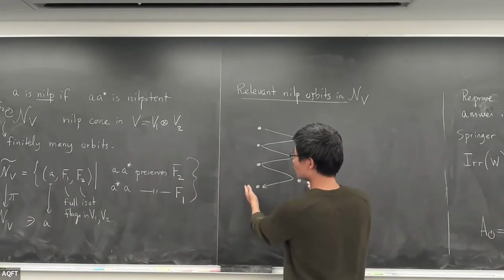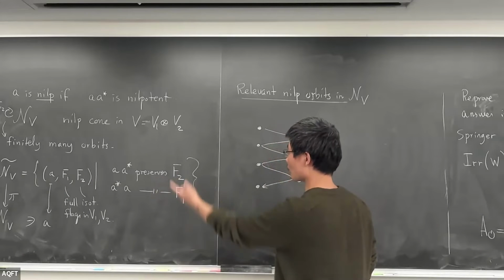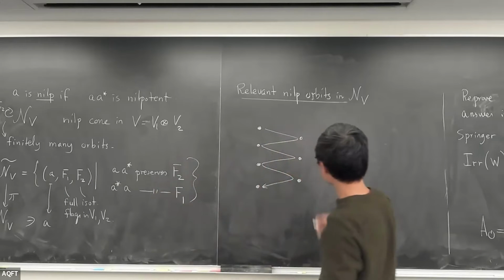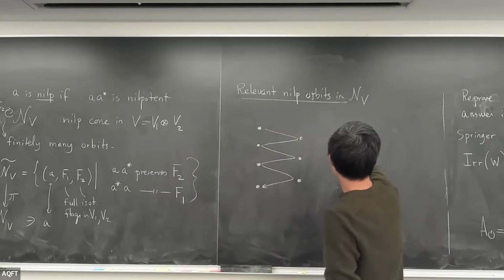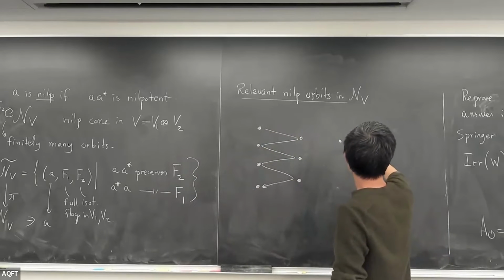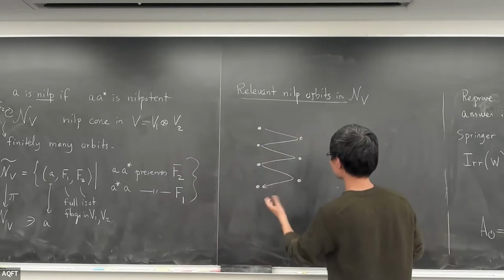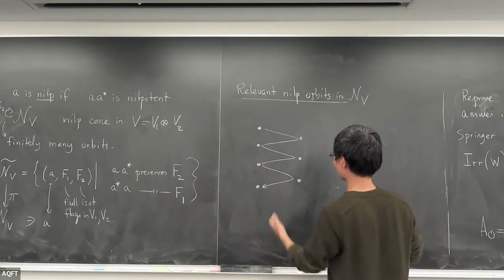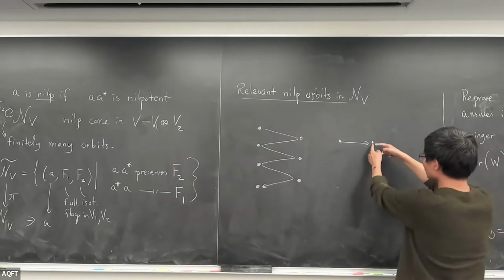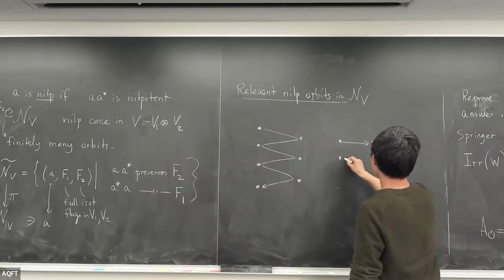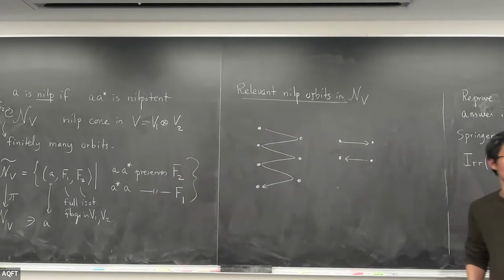These are the building blocks for general nilpotent elements in this V. Each nilpotent element is a direct sum of such Jordan blocks. But because of the self-duality on V1 and V2, certain Jordan blocks have to appear in pairs. If you have a map going in one direction that doesn't go back, then you must have a similar map going in the opposite direction to match it.